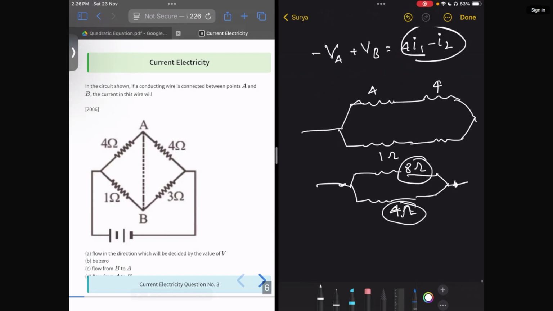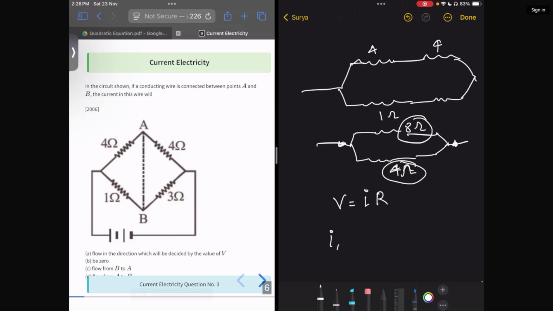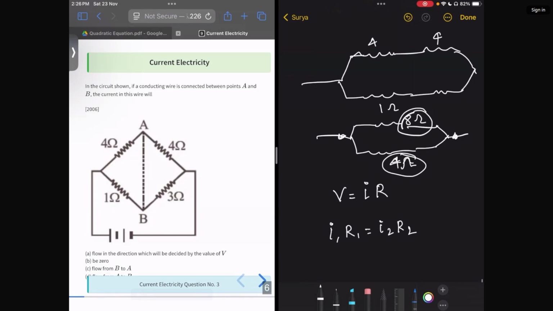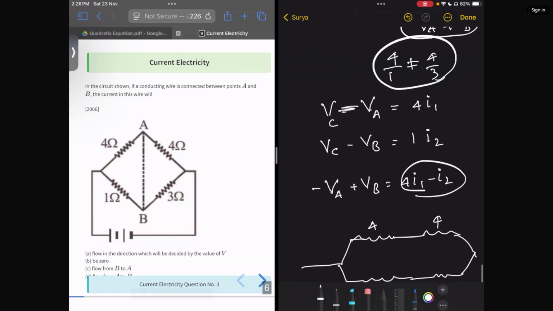In what ratio? V is equal to IR. When there is equal potential difference, I1 R1 is equal to I2 R2. So I1 into 8 is equal to I2 into 4. So I2 will be 4I1, right?